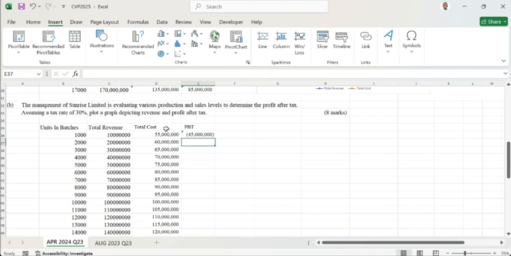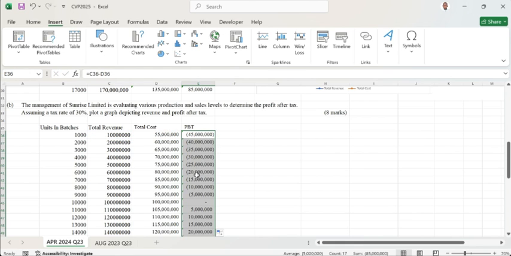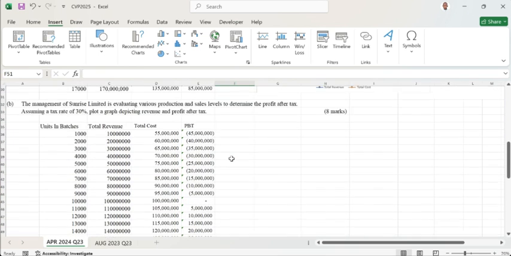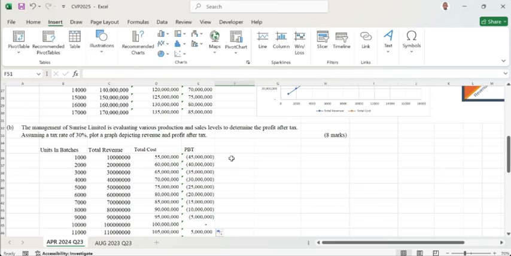Tunakuanga na sales, tunakuanga na revenue, tunatoa variable cost. After subtracting the variable cost, we subtract the fixed cost. After that, we get the profit before tax. Sindio? Yes.